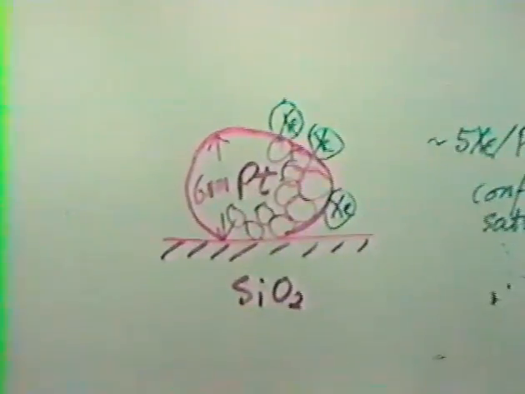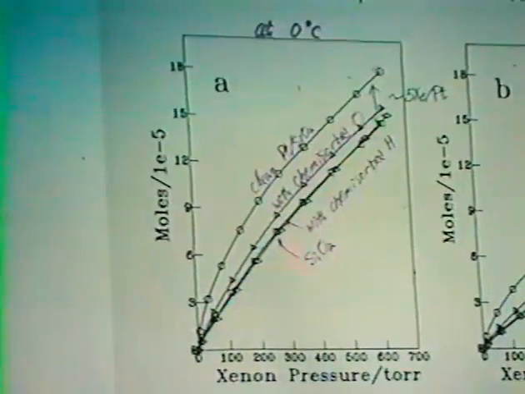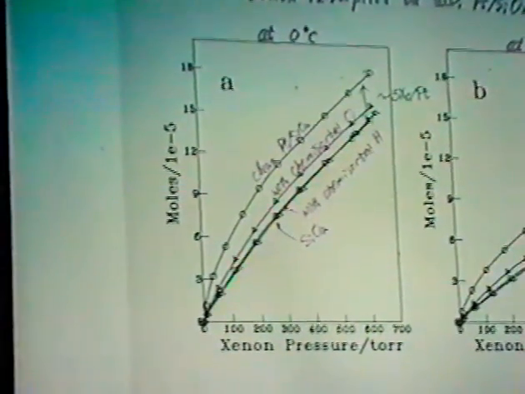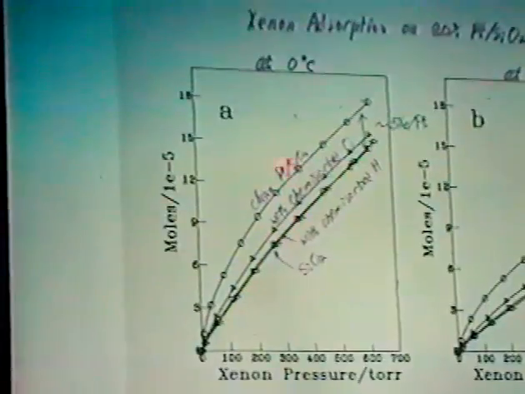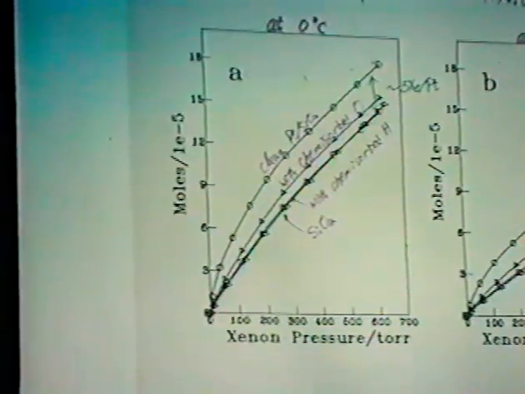We compared the xenon adsorption on the clean platinum surface with the xenon adsorption on the chemisorbed surface, or just the silica surface treated in the same way as for the Pt silica. So it clearly tells us that the difference is due to the xenon adsorption on the metal cluster.